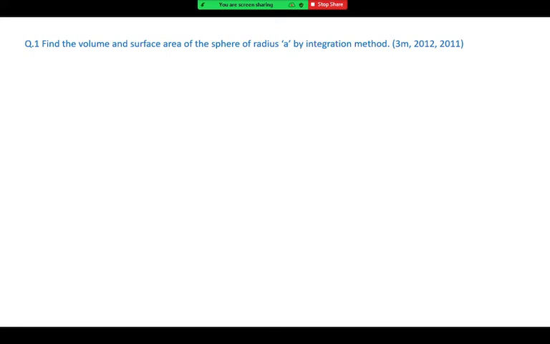So come to the example now. Question number 1. This question we already completed. We calculated the volume of a sphere of radius a. But here we are going to find the volume by the method of rotation, rotating a curve about the x-axis. So tell me, which curve should we rotate about the x-axis to generate the sphere?